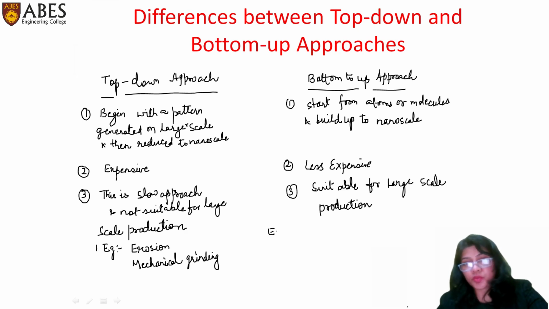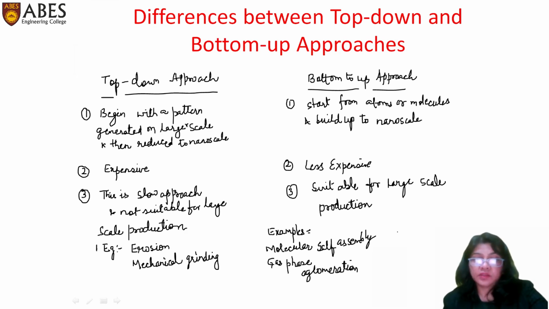While for the bottom to up approach, the examples are molecular self-assembly and gas phase agglomeration. These are the differences between the top to down and bottom to up approach.